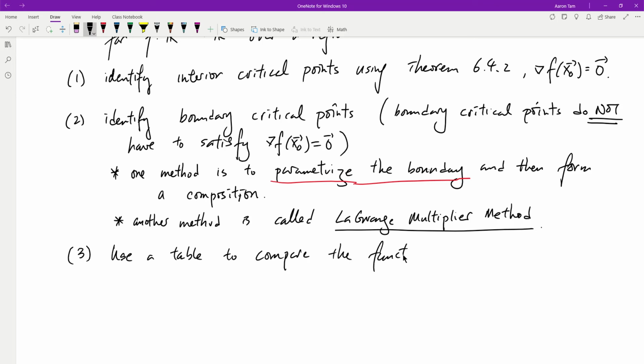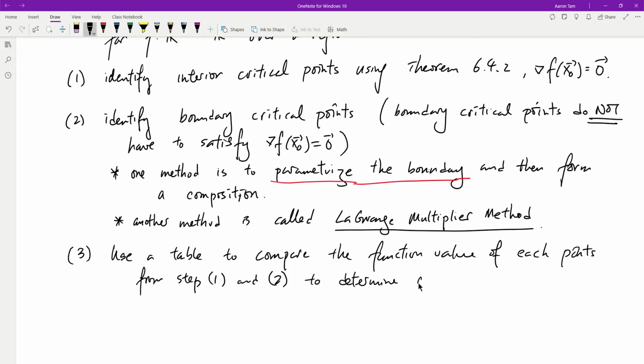That means the output of each critical point or each point from step 1 and 2 to determine the absolute max and absolute min. So as I said, the most difficult part will be step 2.